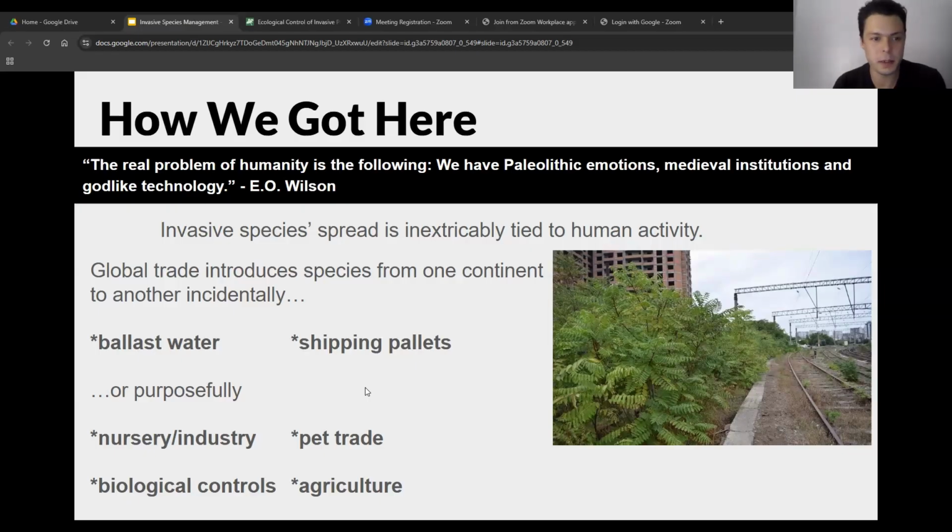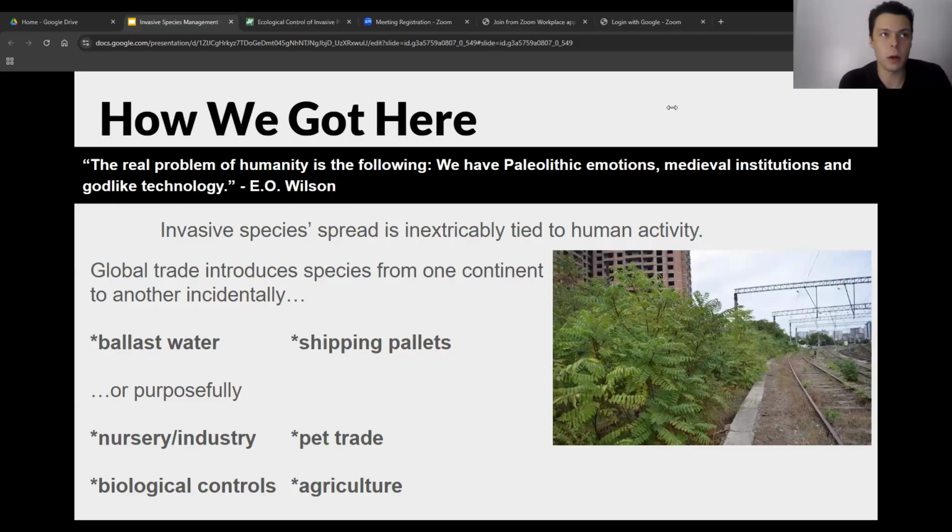So invasive species can get here, like I said, through shipping, like in ballast water. As you've heard of the zebra mussels that we have in Lake Erie, throughout the Great Lakes. Those came from Asia in ballast water that ships took in and then let out in the Great Lakes. I don't remember if that was 20, 30 years ago when that started. Shipping pallets.